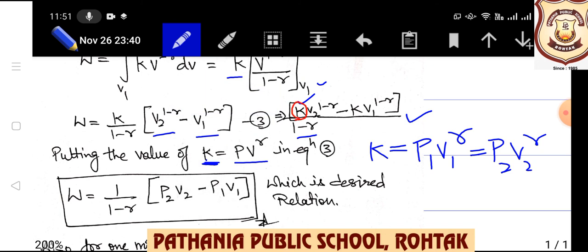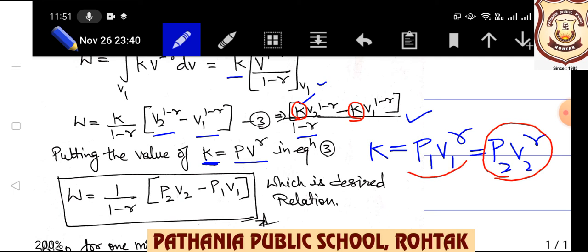We can take K inside the bracket, and write it as K V2 1 minus gamma minus K V1 1 minus gamma, divided by 1 minus gamma.